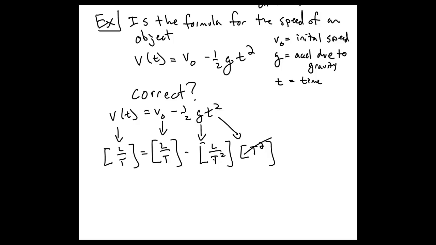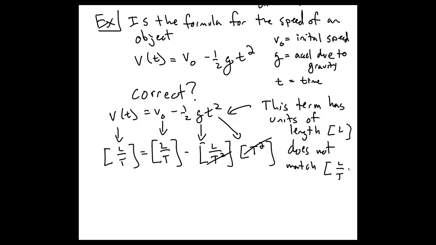We see that the units of time squared cancel out, and so this last term has units of length. And this does not have the right units because it doesn't match the units of speed, which is length over time. And so we can conclude that this equation cannot be correct.